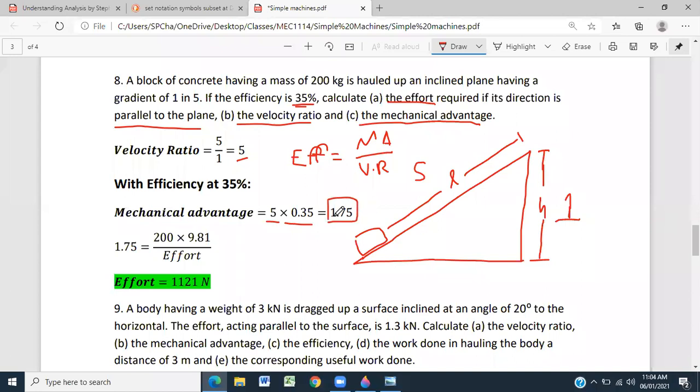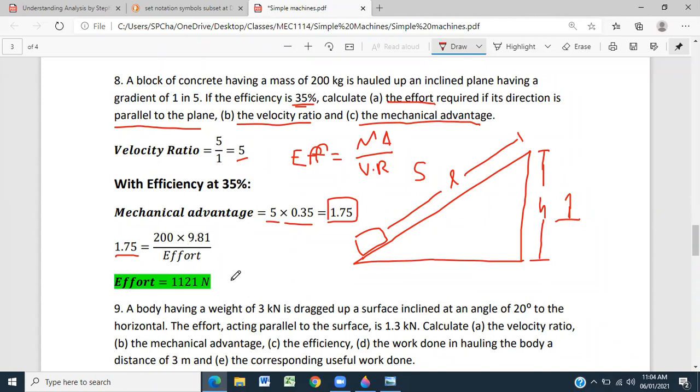Okay? Now, using the mechanical advantage to find the effort, we get 1.75, the mechanical advantage, is equal to the load, which is 200 kilograms, times the gravitational constant, 9.81, divided by the effort.